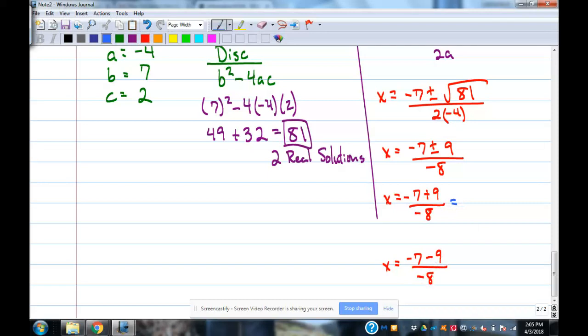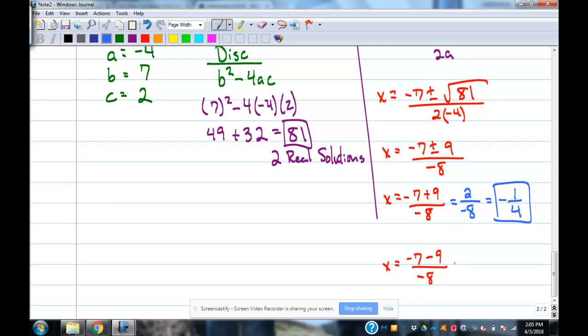Negative 7 plus 9 is 2, over negative 8. Which reduces to be what? Negative 1/4. So there's one of our solutions, negative 1/4.